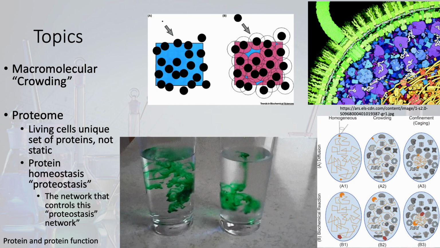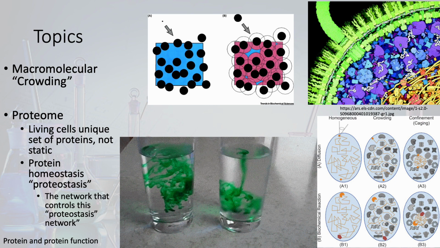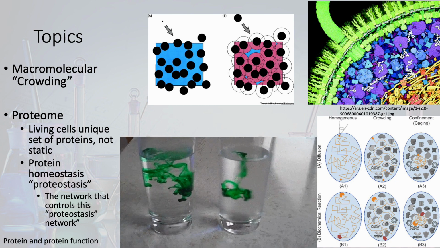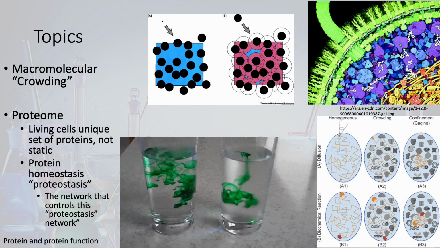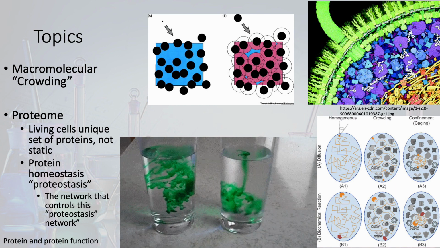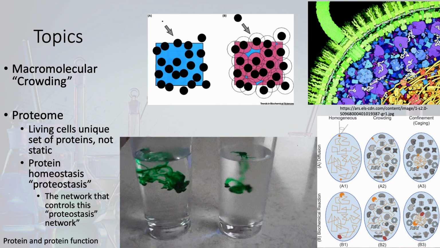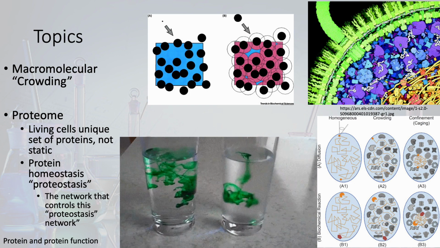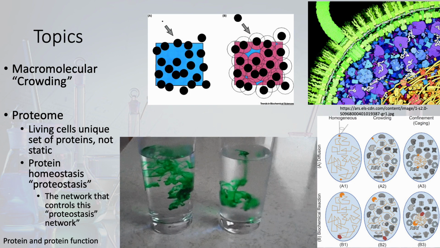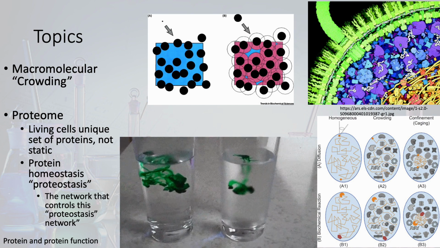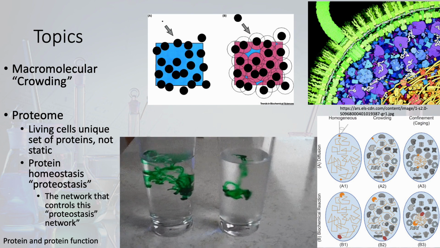Down here in the bottom right, we also have these cartoons that are meant to represent how diffusion within a cell might actually work. In these two images to the left of this figure, you can see that this piece of solute, if it was to find its way into a cell that was completely devoid of proteins and things, you may expect its diffusion pattern to be random, but eventually it could cross the entire cell.